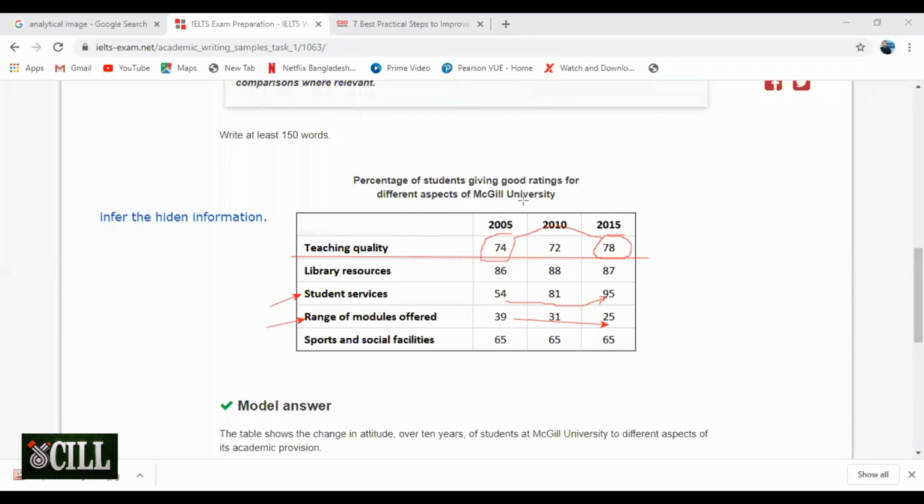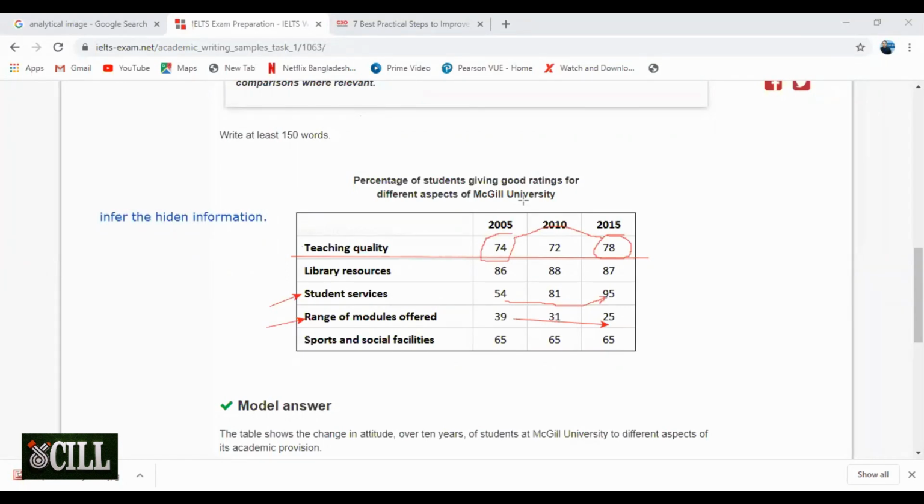It's a percentage, so do mention the percentage. I'm just mentioning the digits here to make you understand. But you must mention them as percentages, because these are the percentages of feedback given by the students, right? Is there anything else you can see from the image?